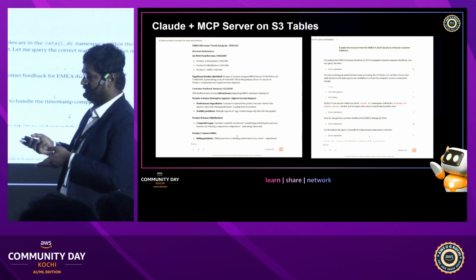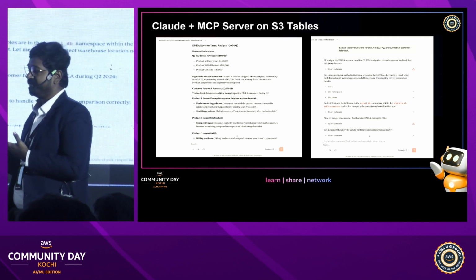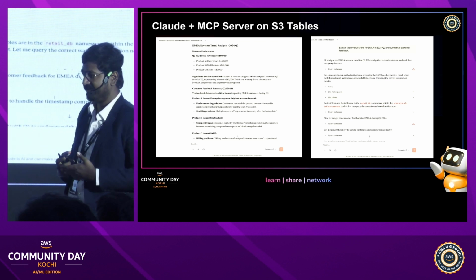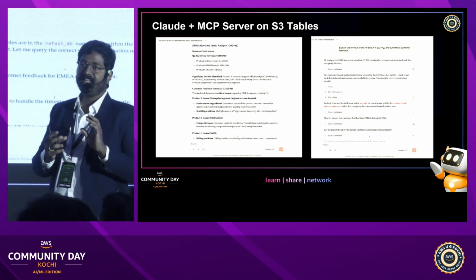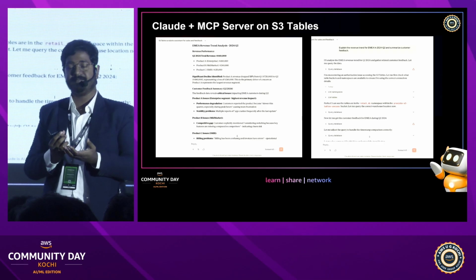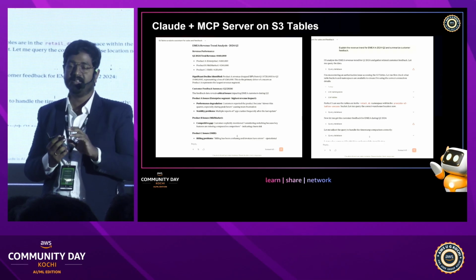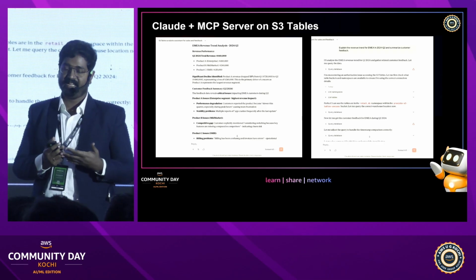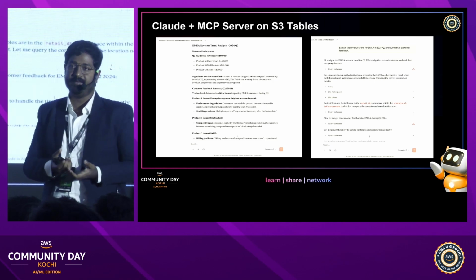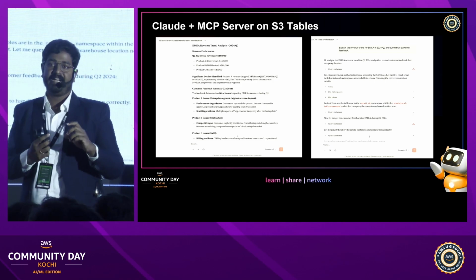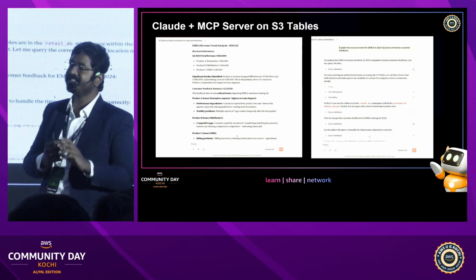Before going into the configuration, I'll give a quick overview of the output that is available. The main crux is using the S3 Tables MCP server, which is exposed by AWS. We are pointing to our S3 tables by providing the MCP server configuration.